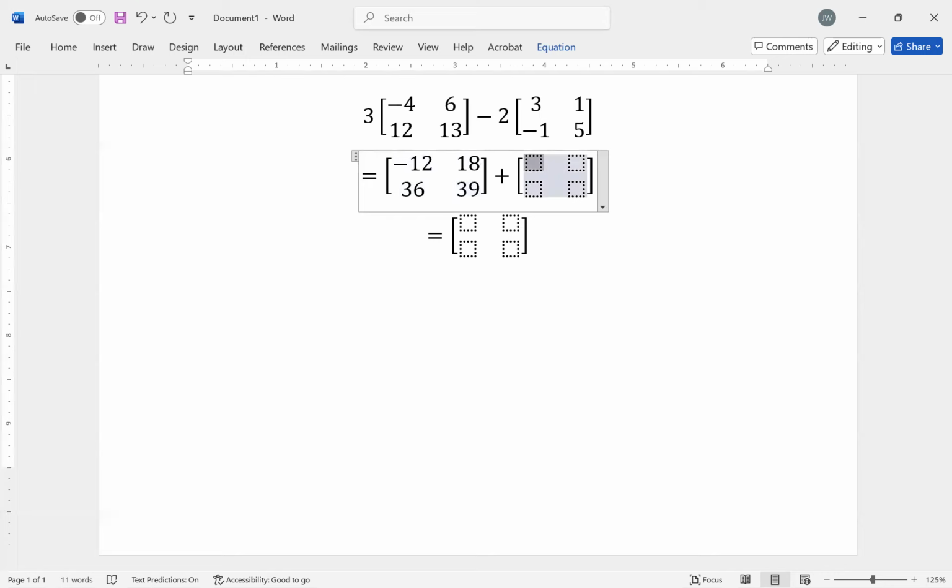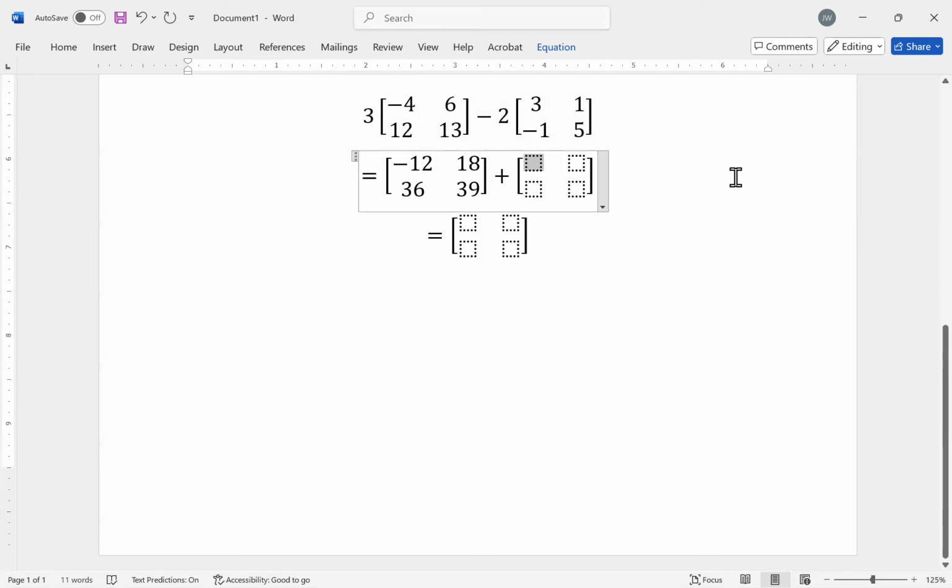Now, there's a couple of ways to do the scalar multiplication on the right-hand matrix. You could multiply 2 times everything and keep the minus sign out front, or you could multiply everything by a -2 and change that minus sign to a plus sign. That's what I'm going to do.